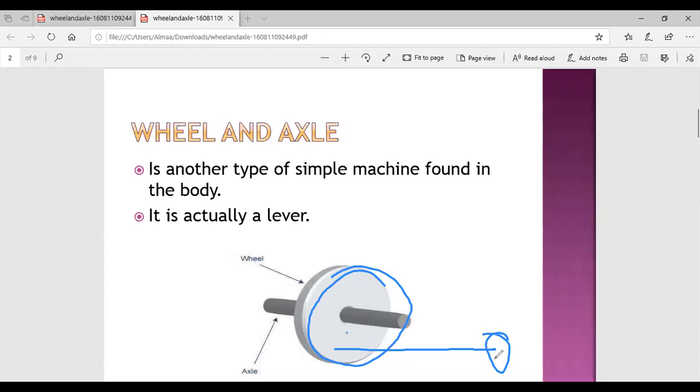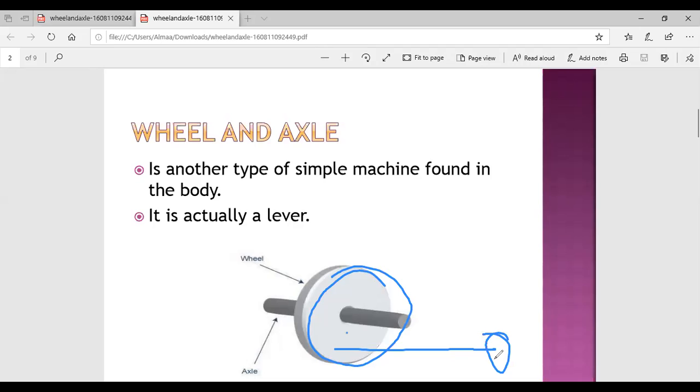Remember, the function of everything like this that we are using is to do some kind of work for us. Sometimes you can't do this work by yourself, by your body, by your hand, by your leg. So you have to find something that can help you to move things, to change the place of something.